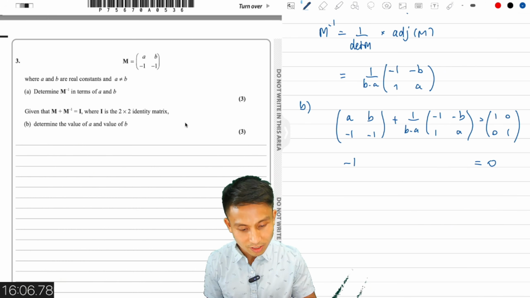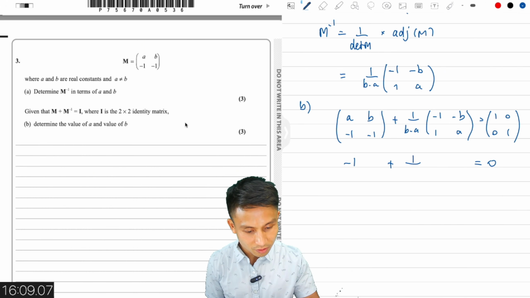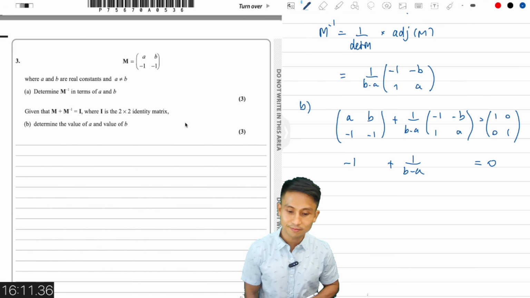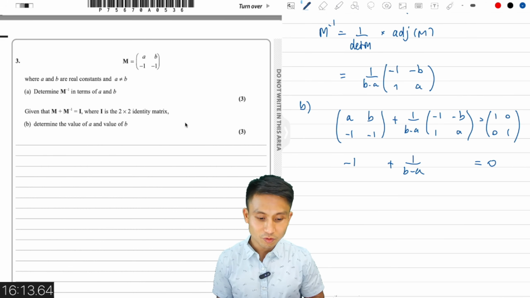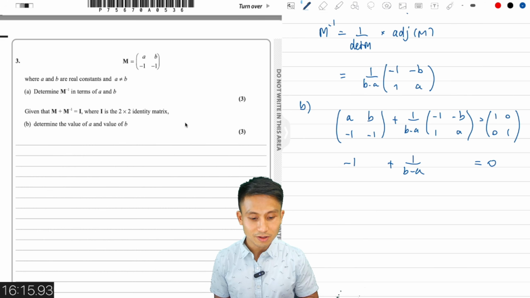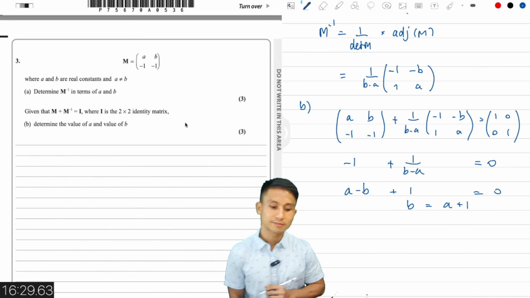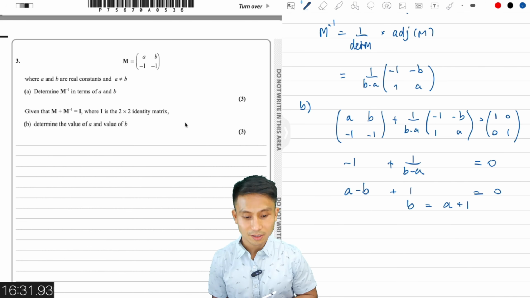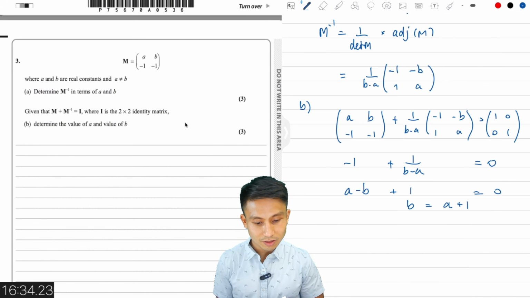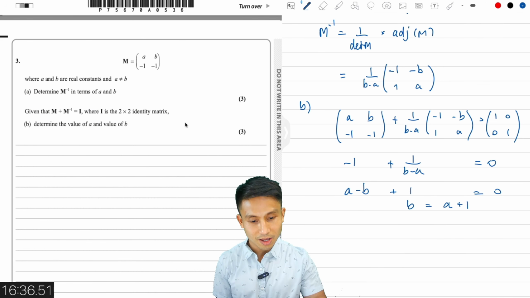And then I have minus 1 from that, plus 1 over b minus a from the other one. If you multiply all the terms in the equation by b minus a, you get a minus b for multiplying with 1, minus 1, plus 1, and this will be 0. So that is saying that b equals a plus 1. That's equation 1 maybe.